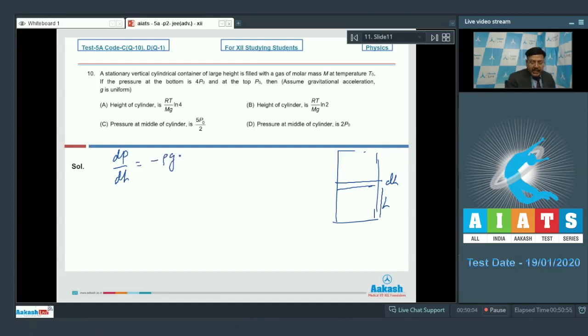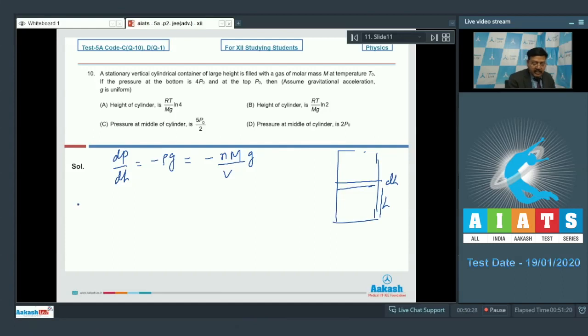This we can apply, and rho is mass by volume. So the mass can be written as number of moles into molar mass, and of course the volume is V, and this is g.